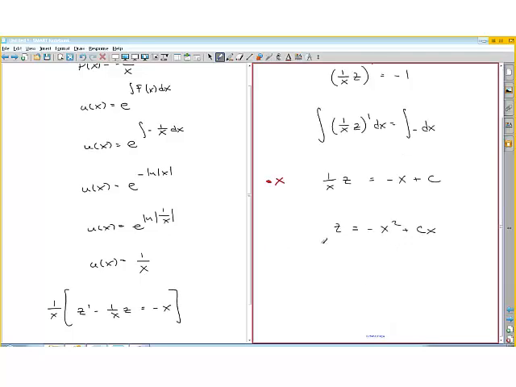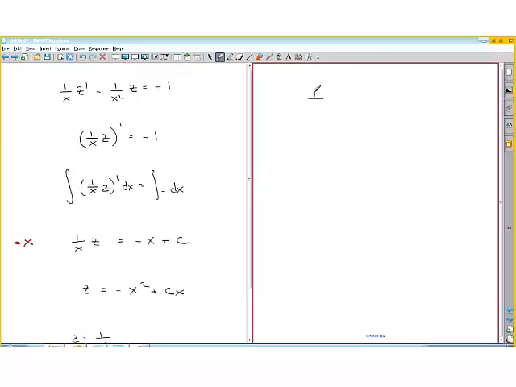So we solved the first order linear differential equation in terms of z, but z is equal to 1 over y. So if we plug that back in, now we have 1 over y is equal to negative x squared plus cx.